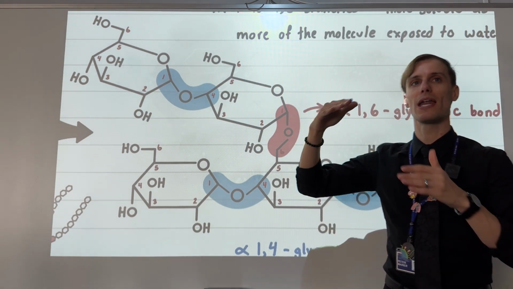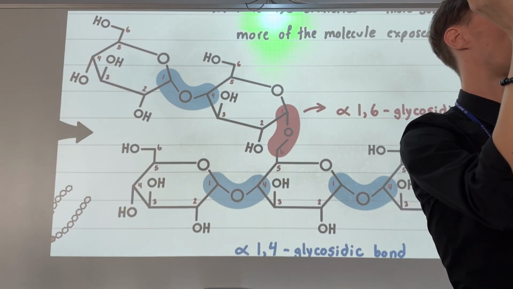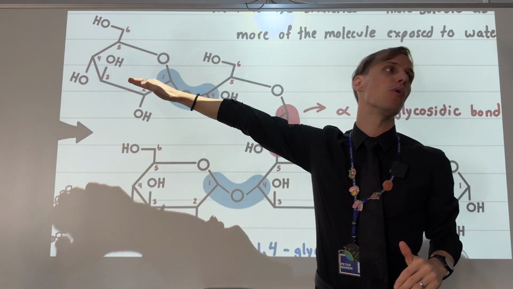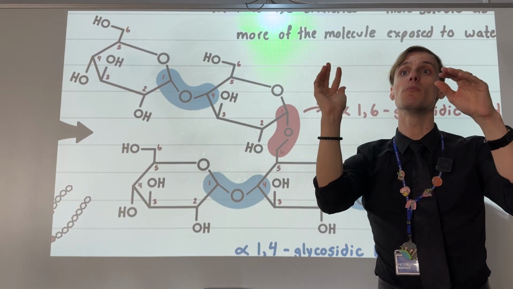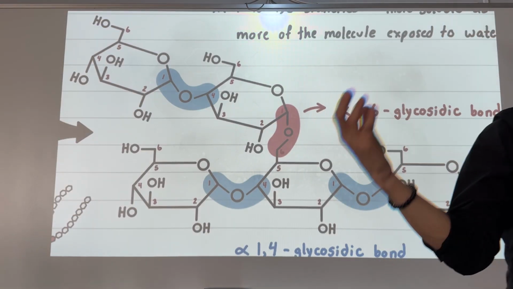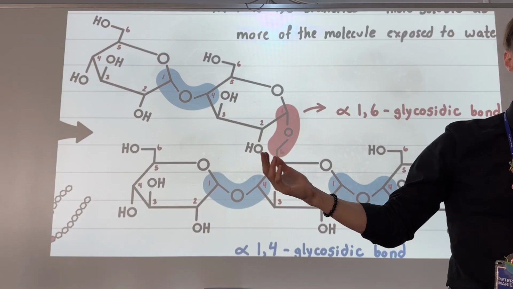So anywhere where we get a new branch, there's going to be an alpha 1,6 bond coming off, starting a brand new branch, and then all of these would be 1,4s again. So that 1,6 is effectively where a new branch begins. So the more 1,6 bonds there are in a molecule, the more branched it is, if that makes sense.